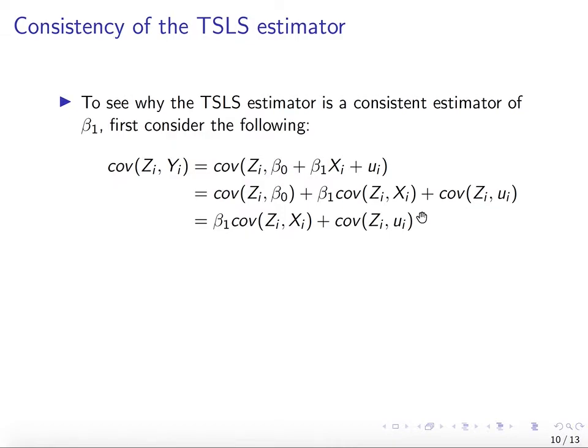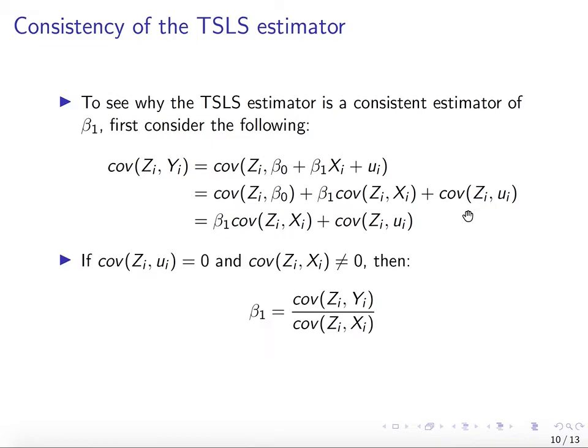But what did we say about the covariance of zi with ui? Well, we said under the right condition, it should be 0. Under the right condition as well, the covariance between zi and xi should be different from 0.